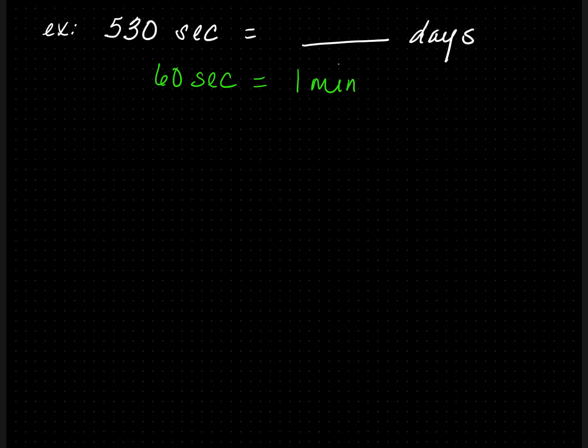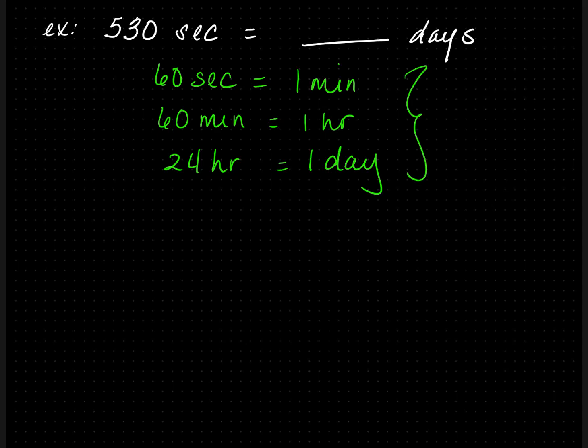We also know there is 60 minutes in 1 hour, and we know there are 24 hours in 1 day. These are, again, conversion factors, and they're equivalent to each other, meaning that if I say there's 60 seconds or 1 minute, it means the same thing.